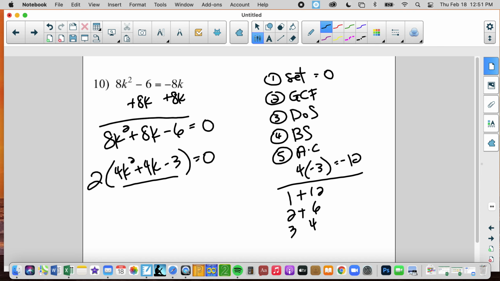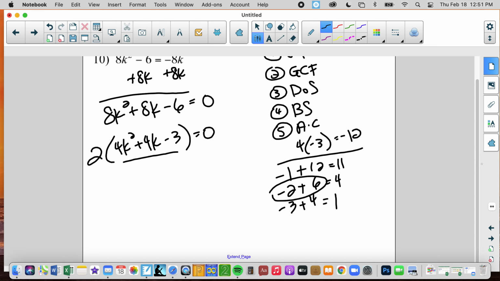Bigger is positive, smaller is negative. And this equals my middle. So we will factor this. We'll rewrite this as 4k squared minus 2k plus 6k minus 3 equals 0.